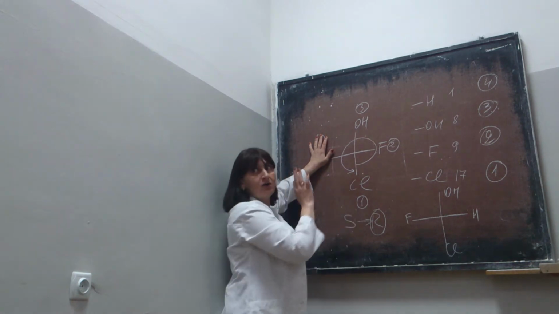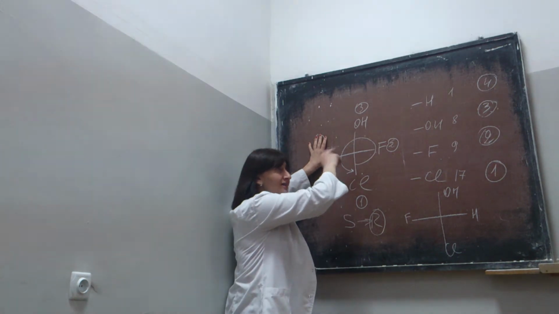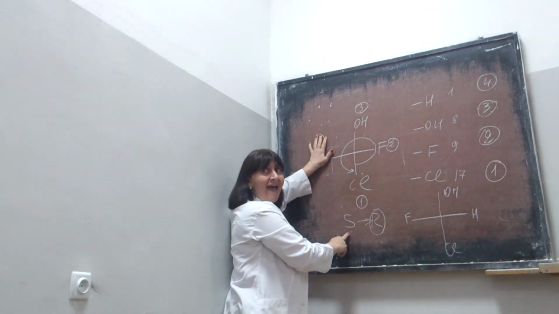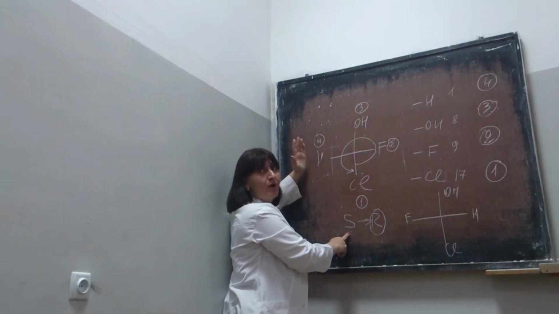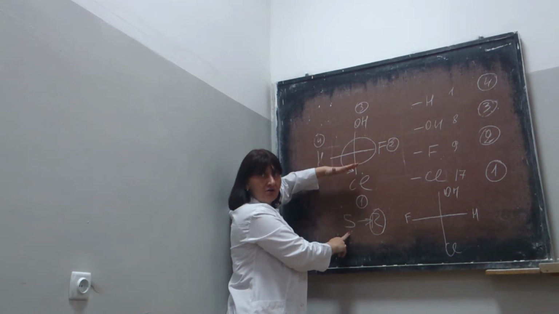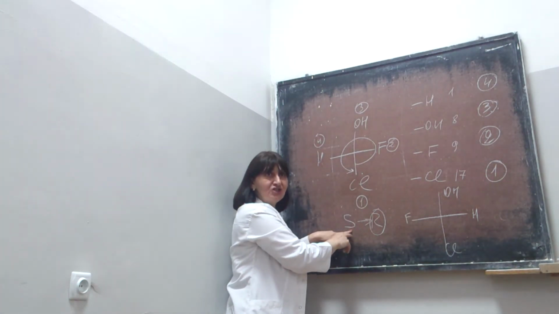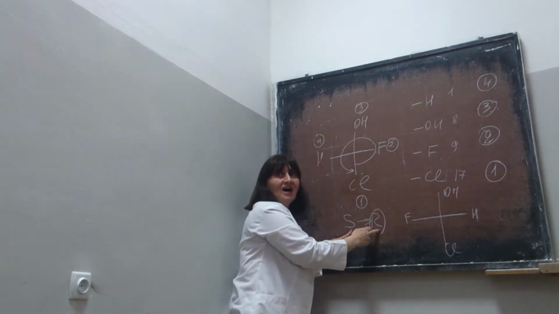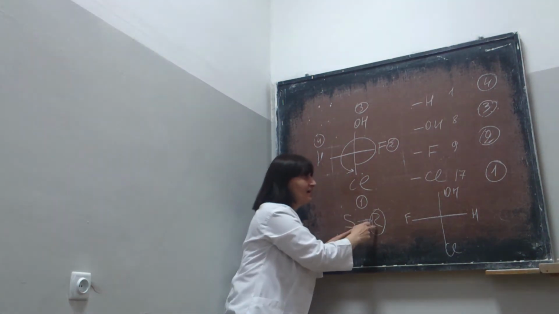Determine whether you have R or S. If your priority decreases anticlockwise, like in this case, the absolute configuration has to be S. But because your lowest group is on the vertical line, you have to change this S configuration into R. So finally, this molecule has R absolute configuration. This one has R absolute configuration.